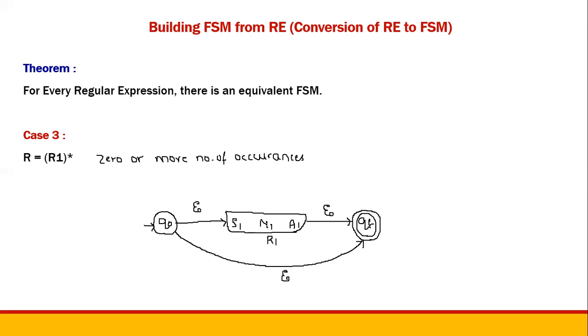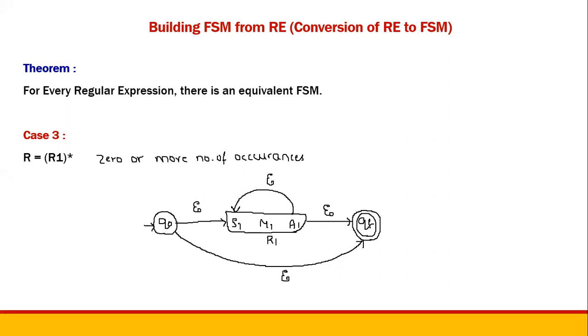But since R1 star means it can be read any number of times, right? Now it goes from Q0 to the machine, and once it reads just once, it reaches the final state. But I wanted this to be read many number of times. So 0 or more times means it can have a loop: from the accepting state, it can go back to its start state, and I can read this any number of times.